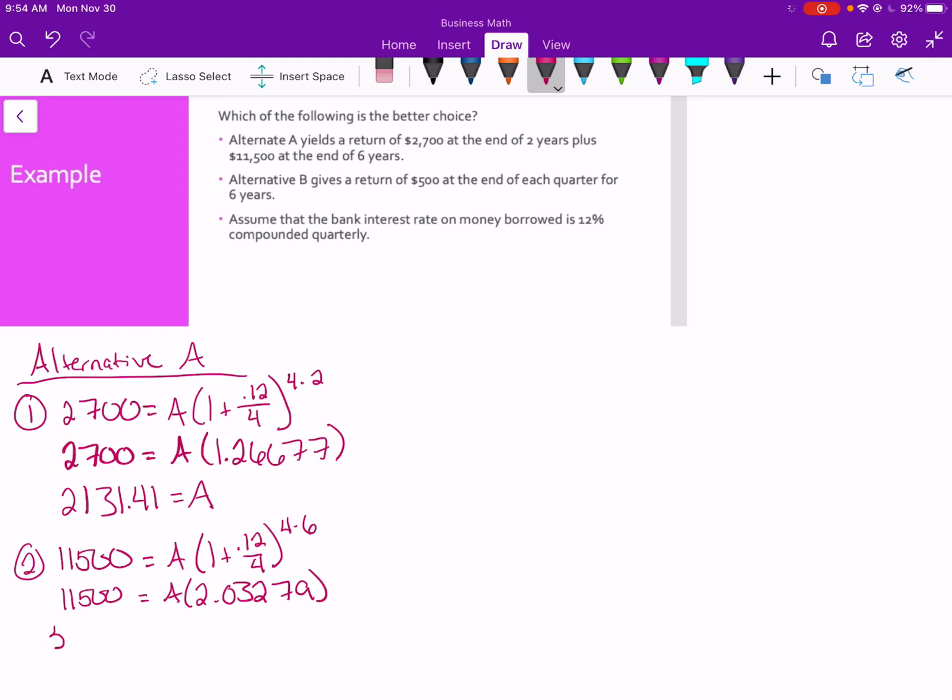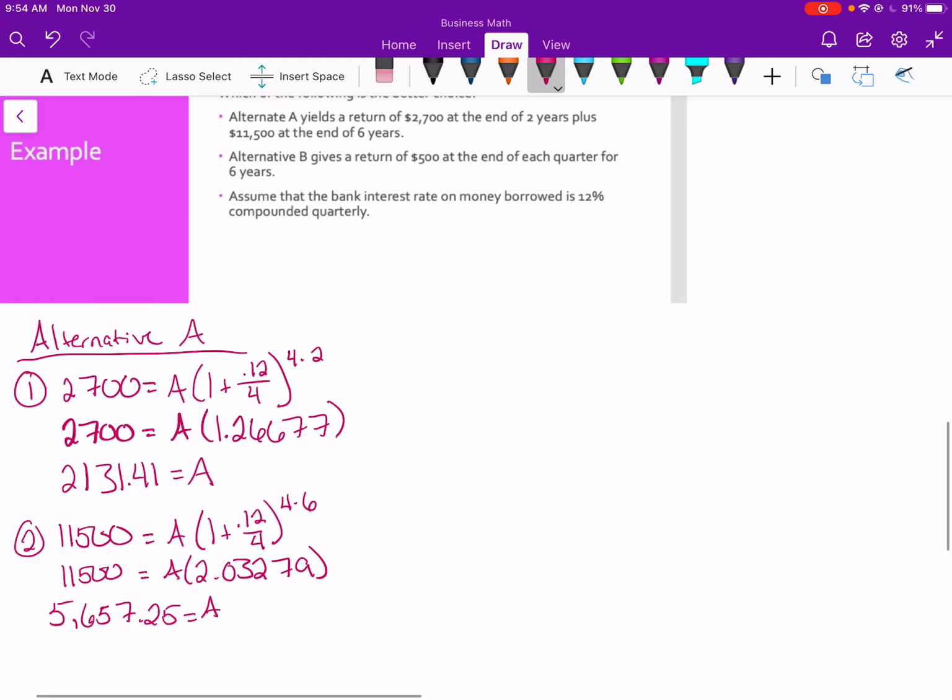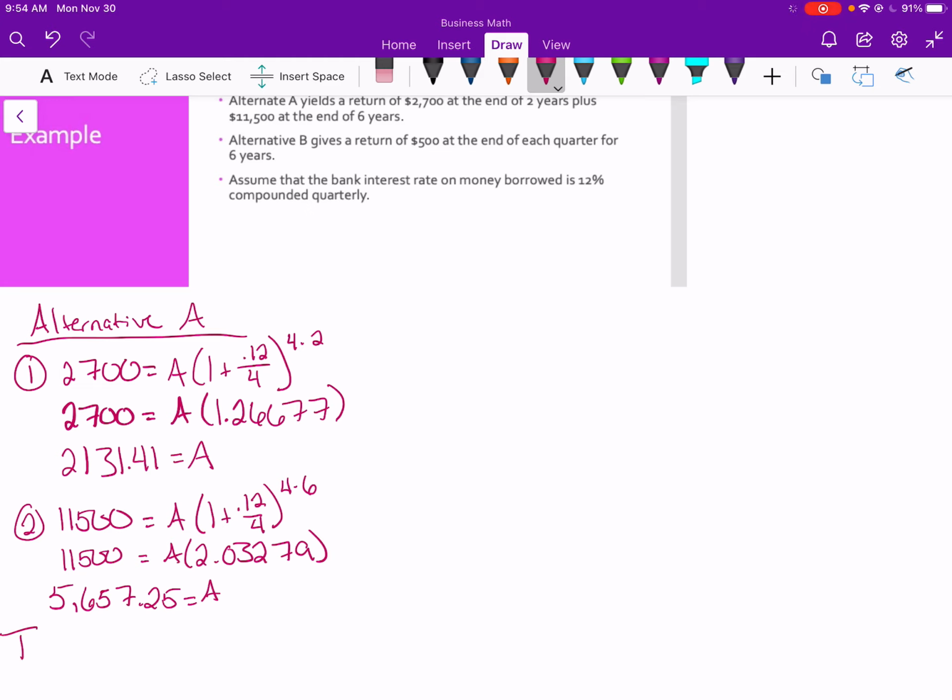And we get $5,657.25 for A. So that means our total is going to be $2,131.41 plus that $5,657.25 to get a total of $7,788.66.